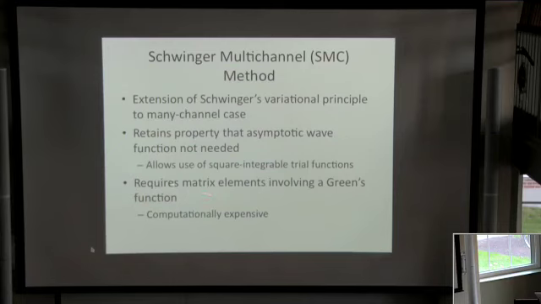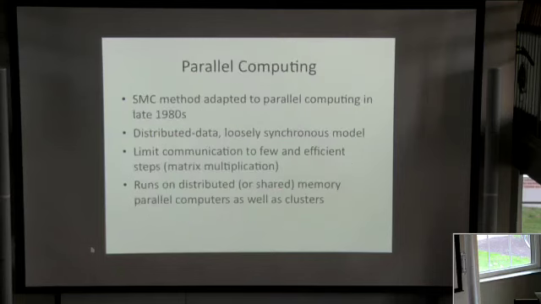There's no free lunch, and the reason we can use this method, essentially not requiring the asymptotic form of the wave function, is that the Green's function appears. And let me tell you, anytime you run into a Green's function, it's computationally expensive.